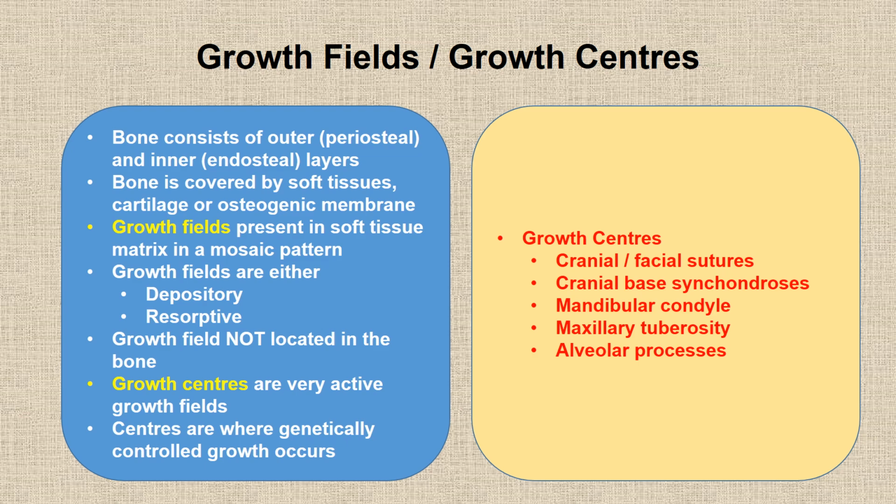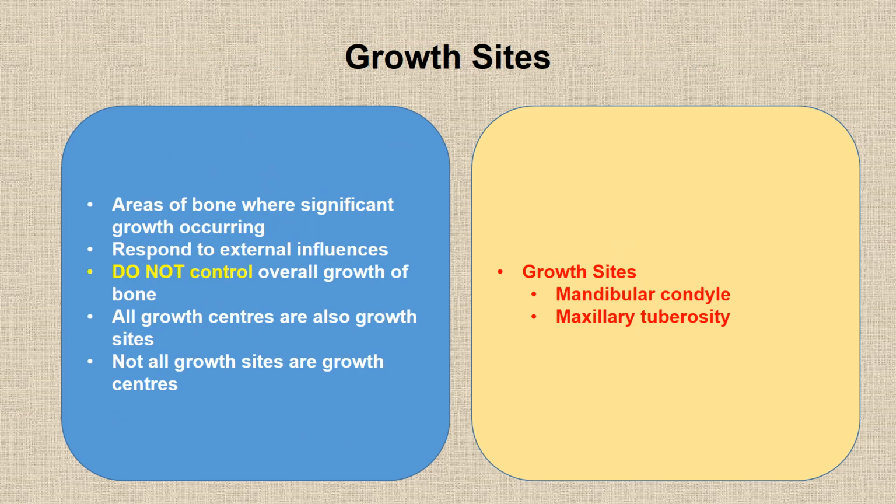A growth center is a growth field which is very active. Growth centers are where the genetically controlled growth occurs. Examples of growth centers in the craniofacial region are the cranial and facial sutures, the cranial base synchondroses, the mandibular condyle, the maxillary tuberosity, and the alveolar processes.